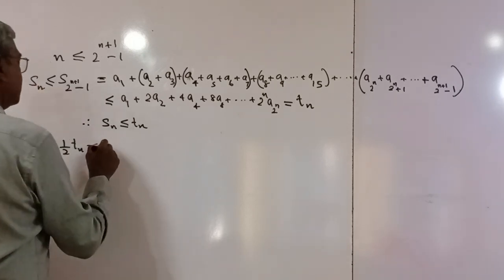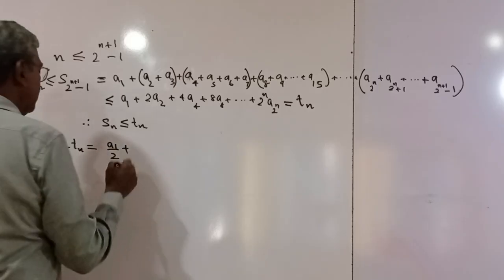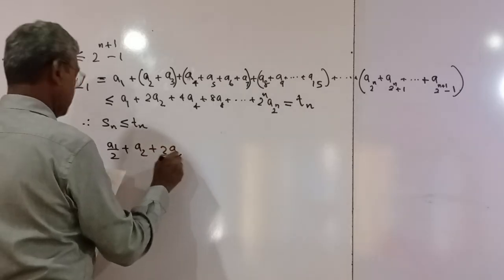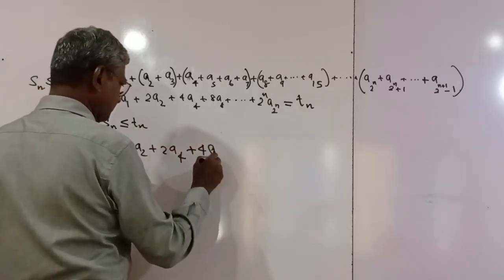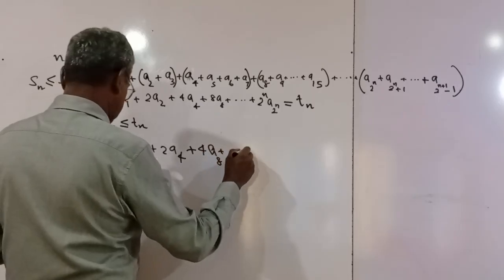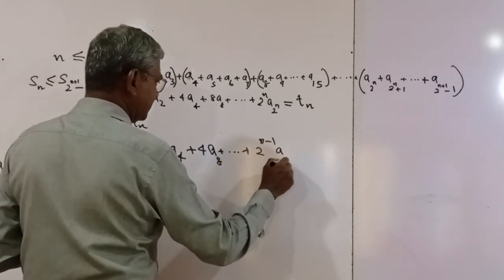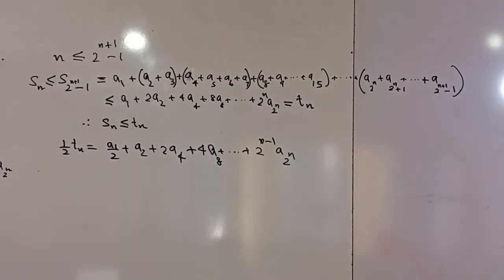1/2 Tn is A1 by 2 plus A2 plus 2A4 plus 4A8 plus, and so on, plus 2^(n-1) A_{2^n}.